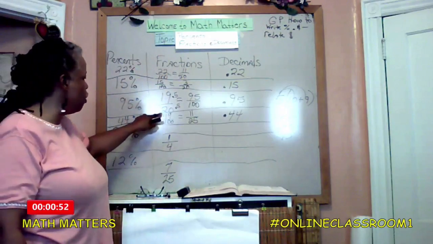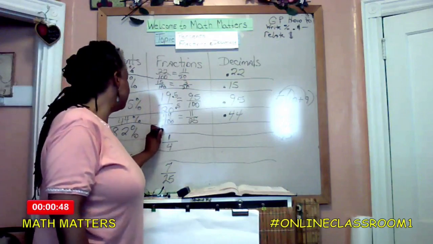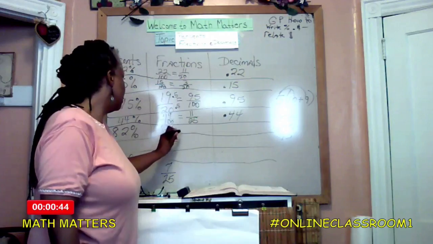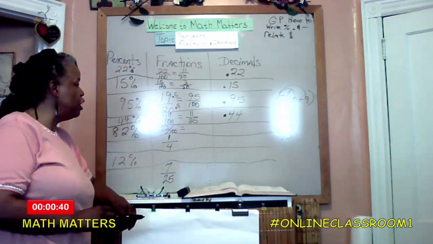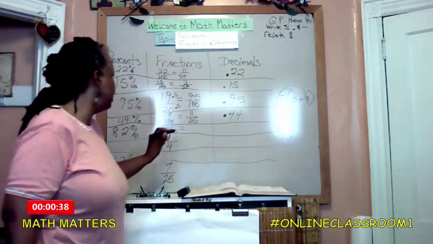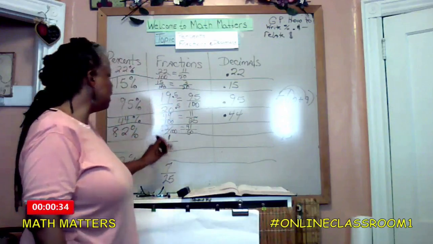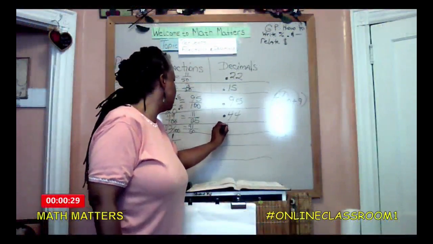Divide out the 4. 82% looks like 82 out of 100, which reduces to 41 out of 50. Yep. Divide top and bottom by 2, and that looks like 82 cents.